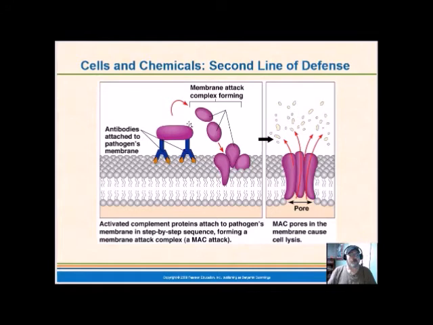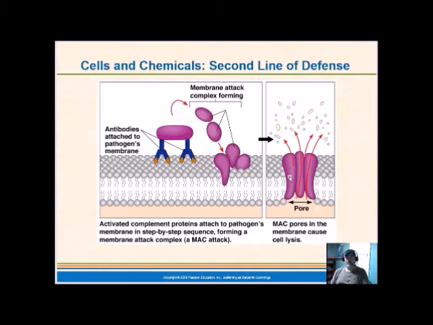So here's an example of what happens. We've got an antibody that will attach to a pathogen membrane, and that will cause this membrane attack complex to form. So we've got complement activated. For opsonization to occur, we have to have been exposed previously to the microorganism.